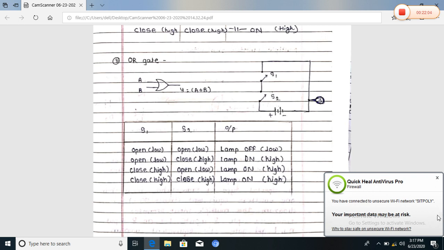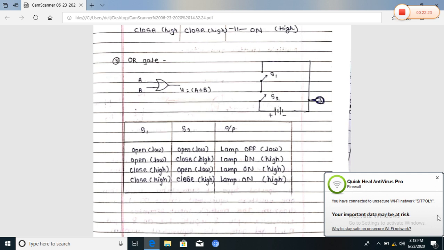In the OR gate truth table, when A is equal to 0, B is equal to 0, Y is equal to 0. When A is equal to 0, B is equal to 1, output is 1. When A is equal to 1, B is equal to 0, output is 1. A 1, B 1, output is 1.